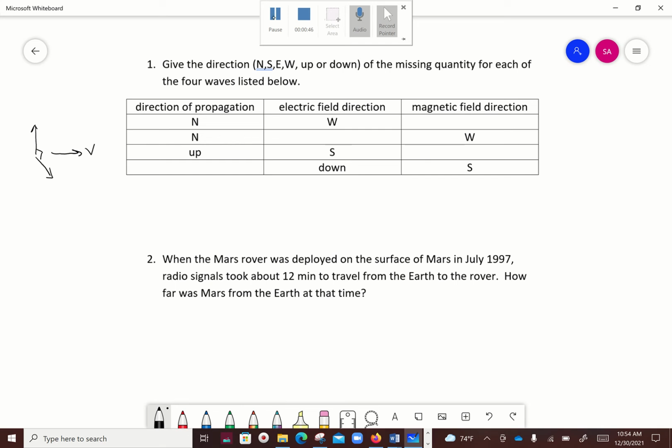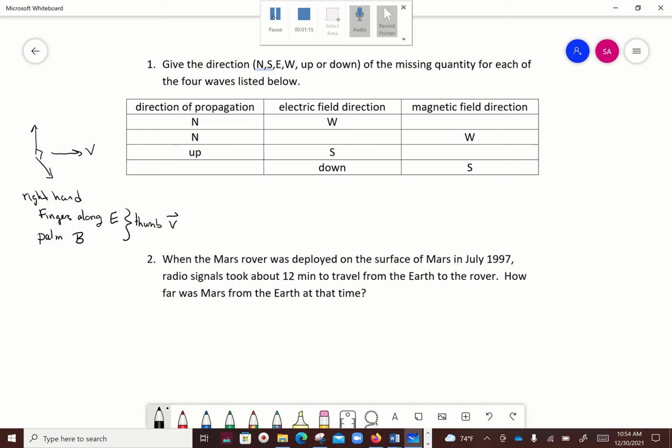So with the flat hand rule, take your right hand, you put it flat, the fingers point along the electric field, the palm points in the direction of B, and then your thumb will give the direction of V, the direction that the wave moves.